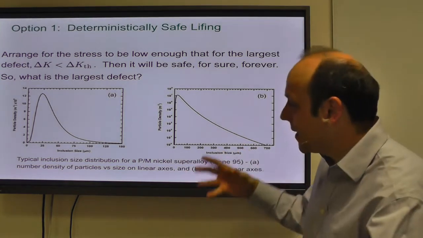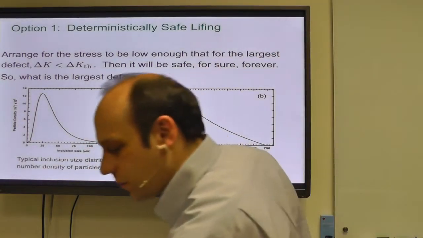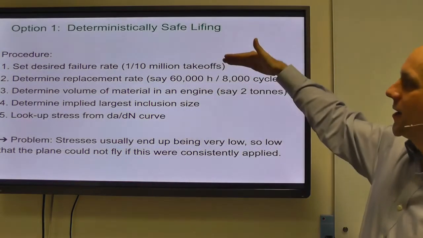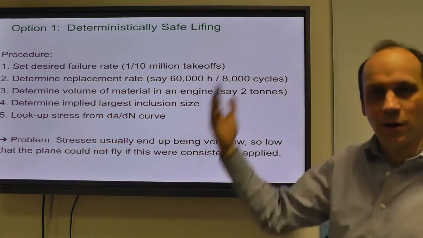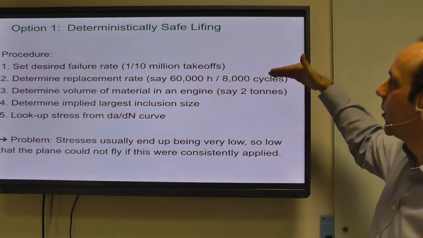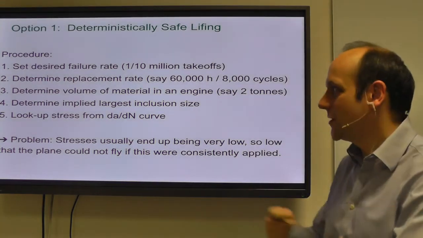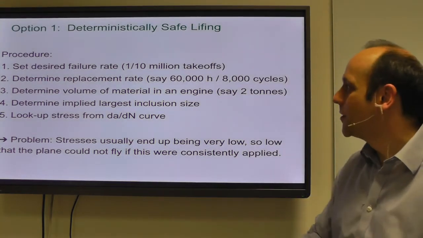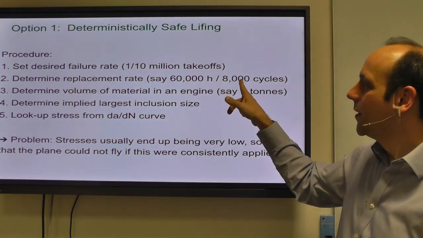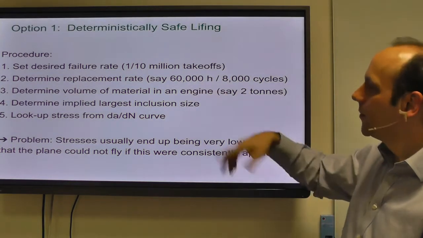But say you knew what that probability distribution was like, we could then go through a procedure a bit like this. We could set a desired failure rate, something like 1 per 10 million takeoffs, say. We can determine a replacement rate of our material, so that's every 60,000 hours or 8,000 flight cycles, we'll replace the material. So that is 1 in 10 million multiplied by 8,000.